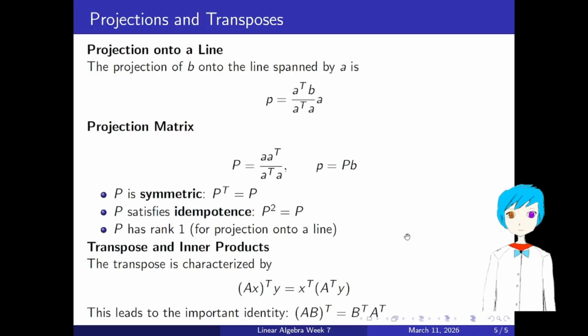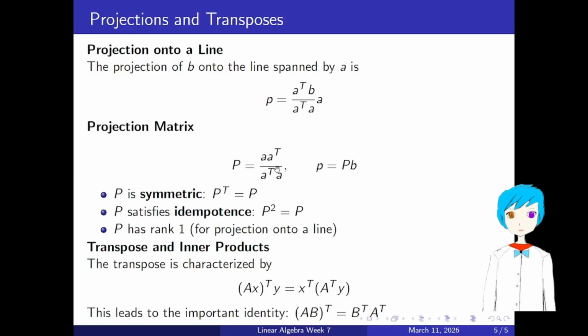Finally, we can also define projection using inner product and orthogonality conditions. The projection of b onto the line spanned by a is defined as p, and the formula is given by a transpose b divided by a transpose a, times a. So the multiplier a transpose b divided by a transpose a is a scalar.